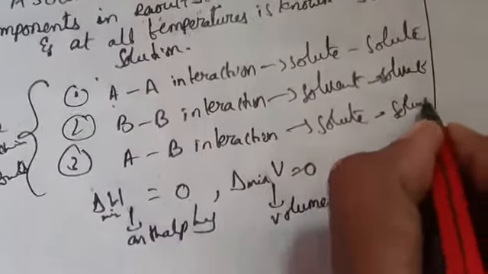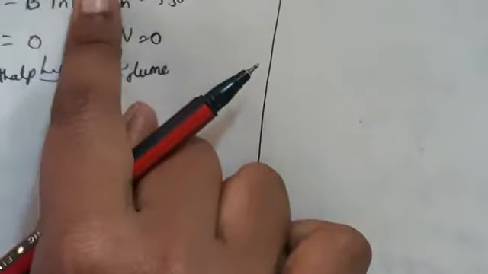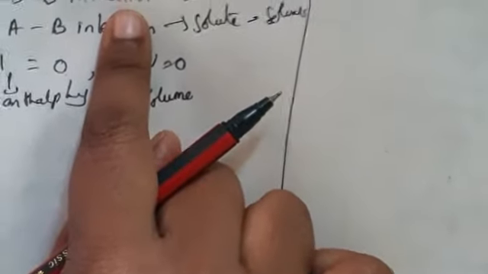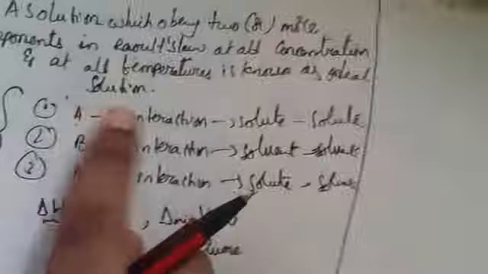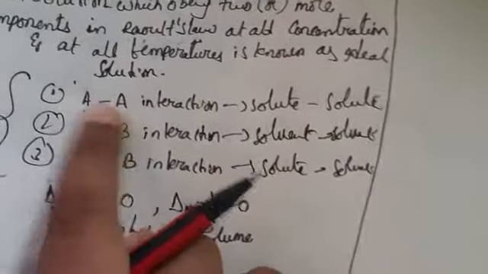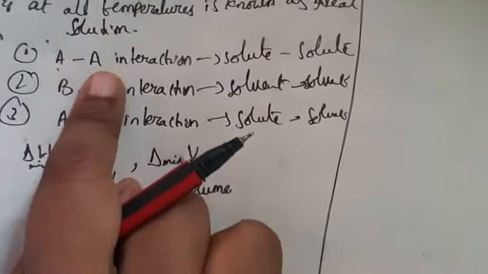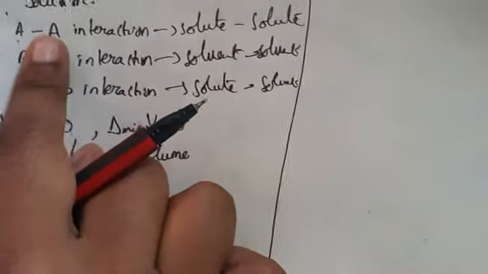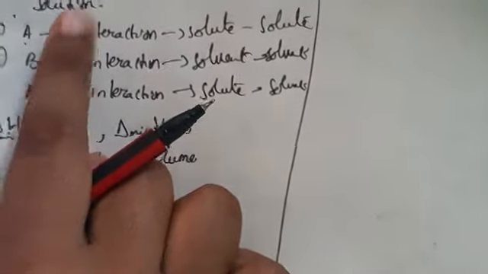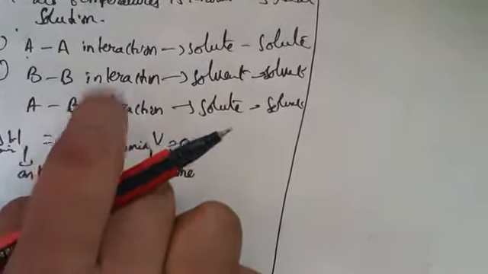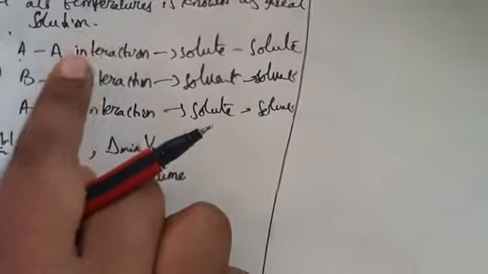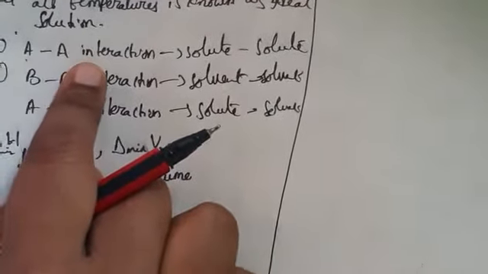When you take two liquids A and B to form an ideal solution, for example salt and water, what will happen? It will form a homogeneous mixture. It is an ideal solution, a clear liquid.